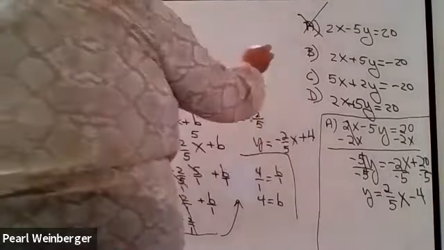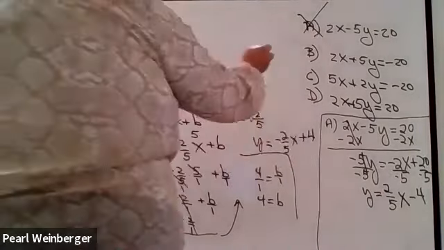To find out what the b is, I'm going to add 4 to both sides. That gives me -6 plus 4 is -2, and the 4's cancel out, which is b. So my equation in the end comes out to be, here's my answer, y equals -4x minus 2.